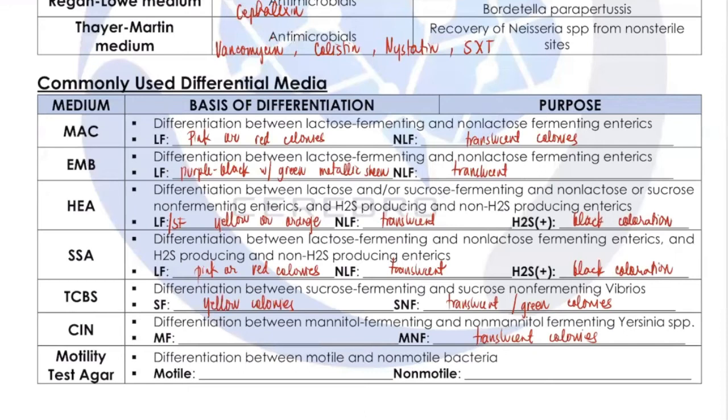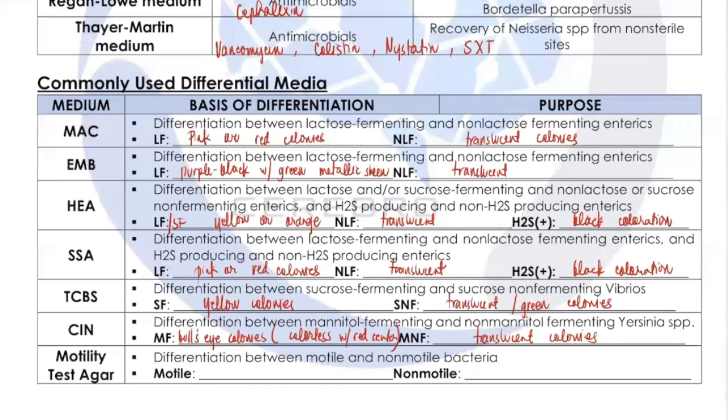The mannitol fermenters will have characteristic bullseye colonies. Bullseye colonies are colorless but with a red center. That's why it's called bullseye.